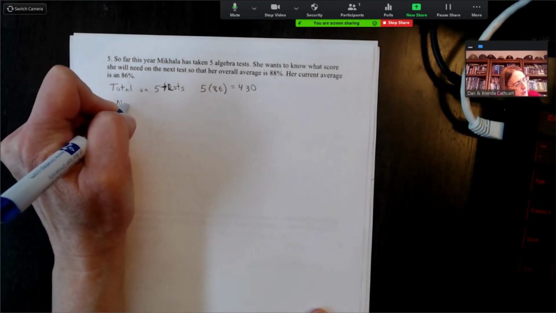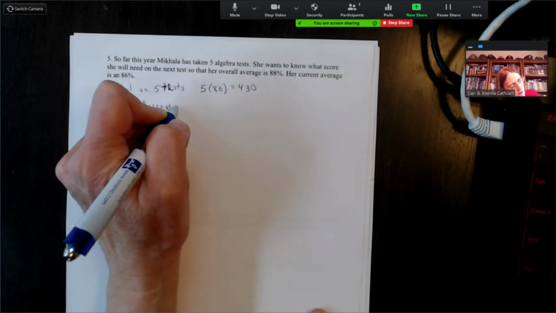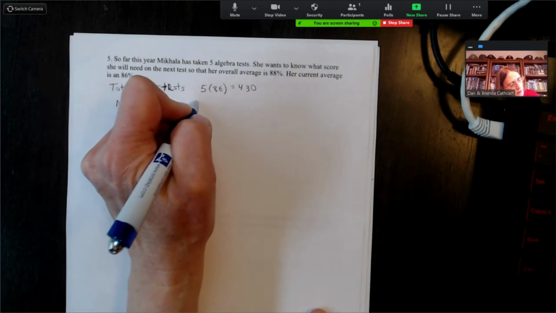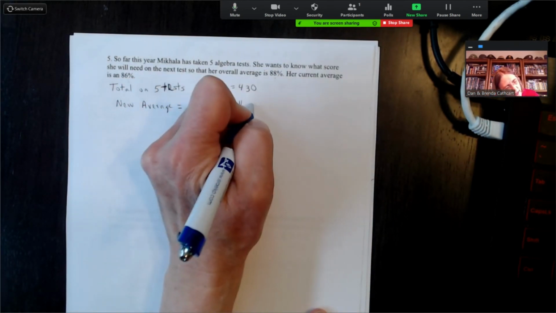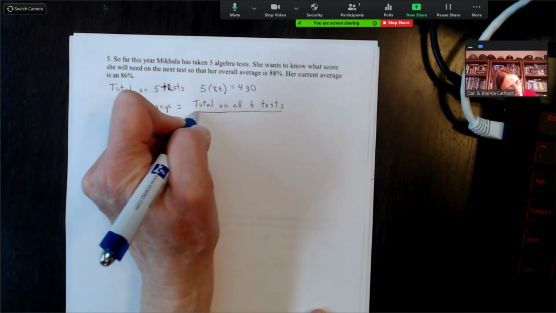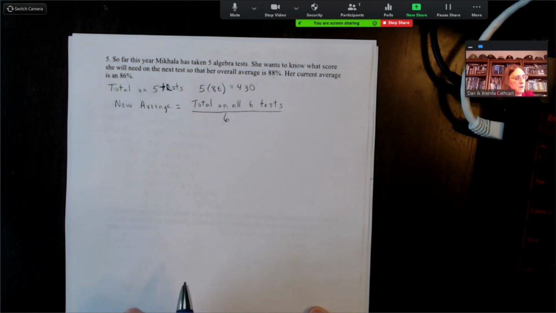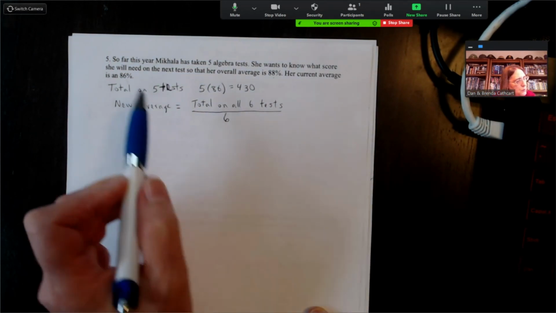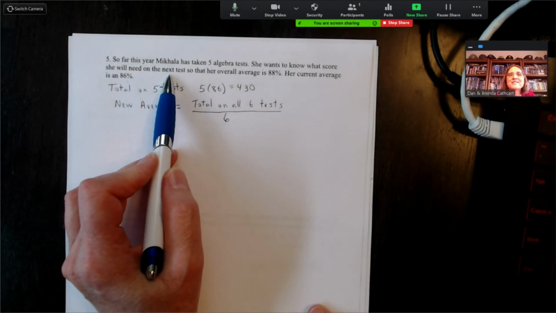Her new average is going to equal her total on all 6 tests divided by 6, the number of tests that she's taken at that time. Okay? And we want to know what her score will be on her next test.